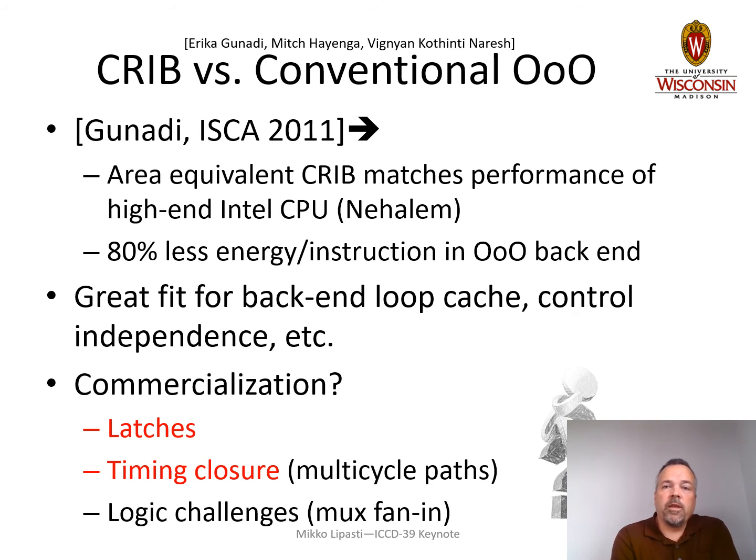We basically showed that we can match the performance of a high-end CPU, but we can knock out 80% of the back-end power that is really there to enable out-of-order execution in a conventional, limited number of ALU type of data path organization. This design is also a great fit for lots of other optimizations, and these are the kinds of things that Mitch and Vignan looked at: back-end loop caches, exploiting control independence, etc. Again, I unfortunately don't have time to get into those, but there's a lot of interesting work there as well.